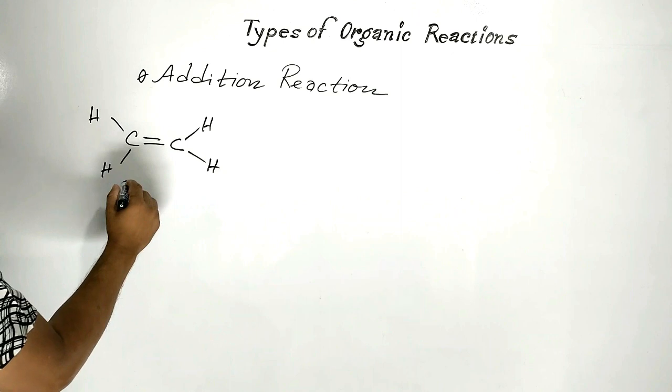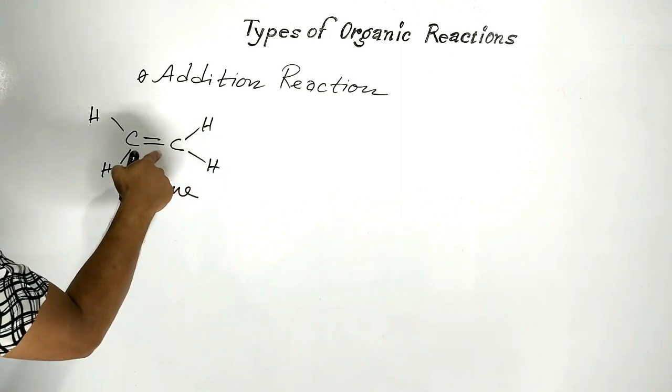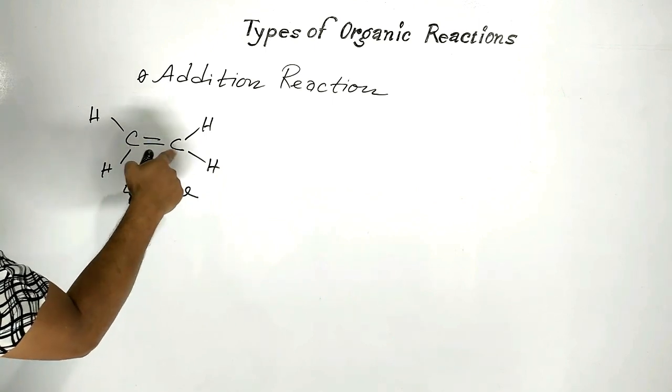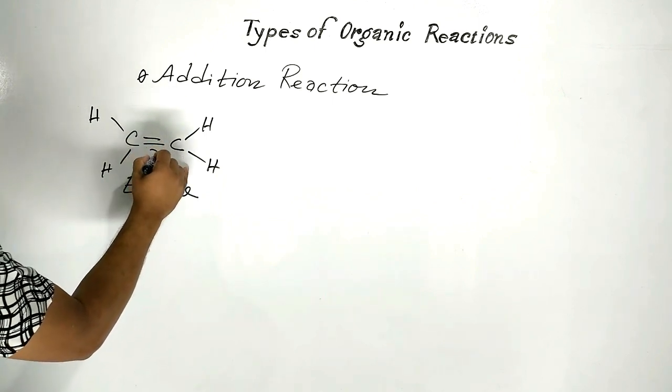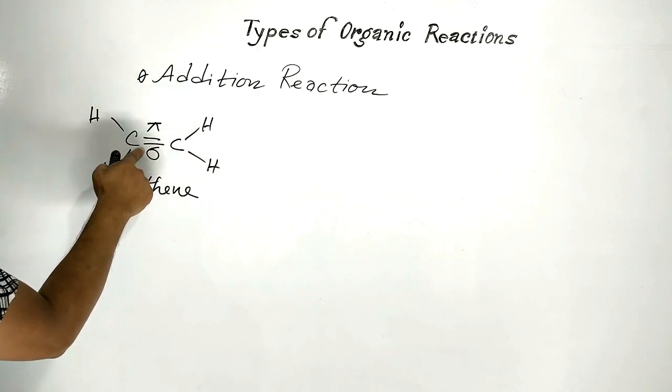This is ethene. In ethene, in the carbon-carbon double bond, one is a sigma bond, another one is a pi bond.